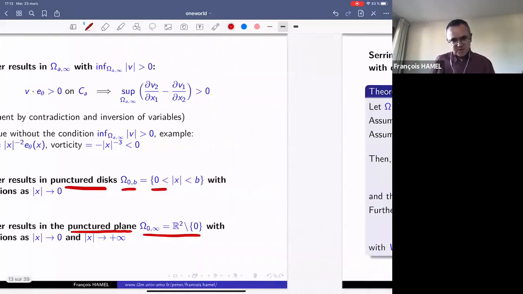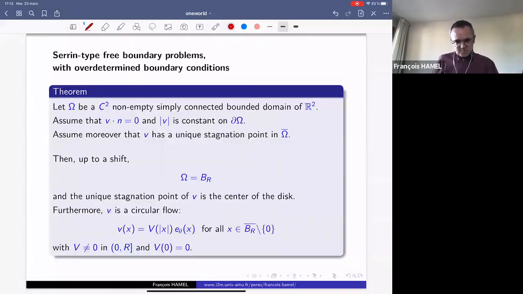I would like to mention one Serrin type free boundary problem. So now we consider a domain omega, but we don't know what omega is a priori. We assume that it is a C2 non-empty, simply connected bounded domain of the plane.